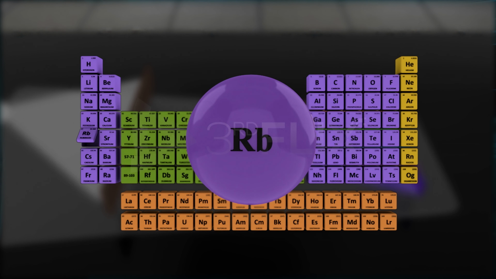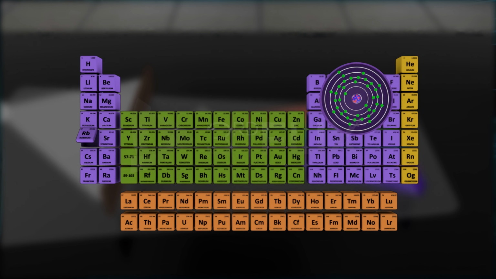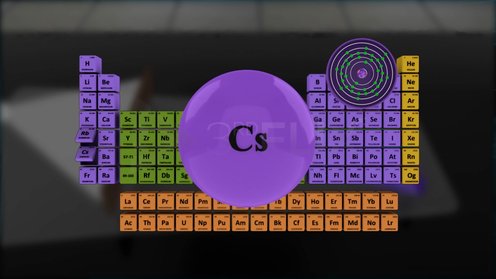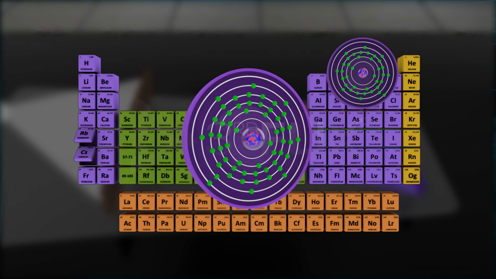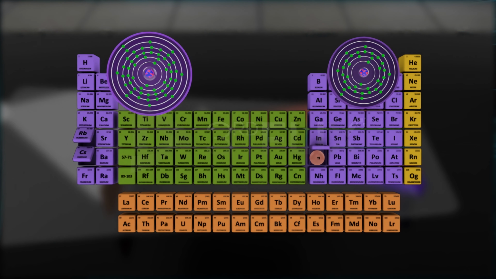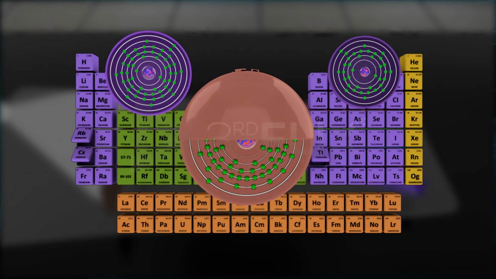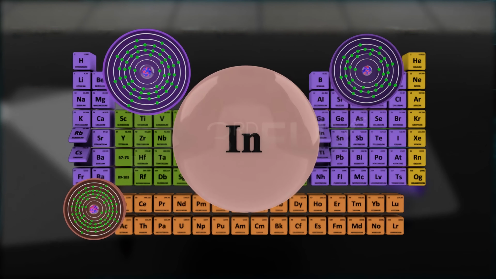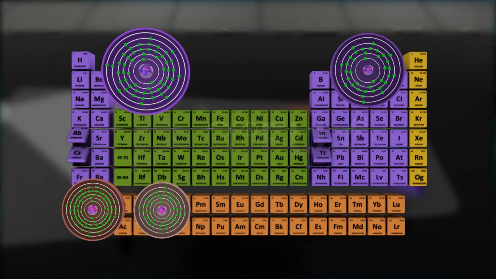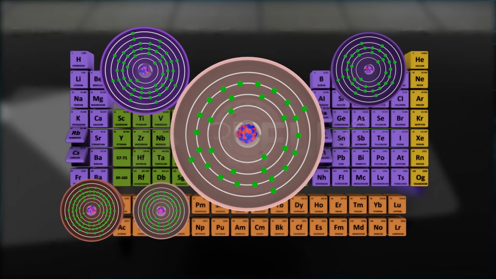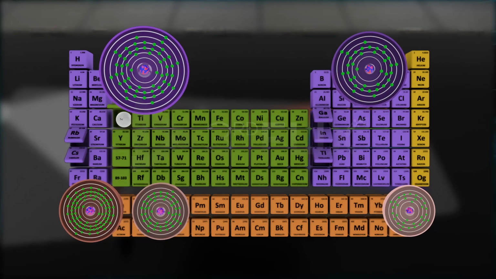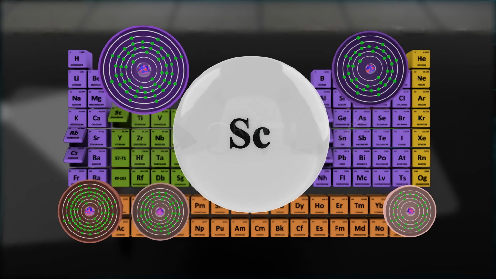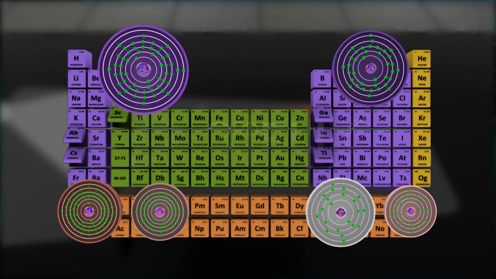Elements like rubidium, cesium, thallium, indium, gallium, and scandium were discovered when their minerals were analyzed using the spectroscopic method.